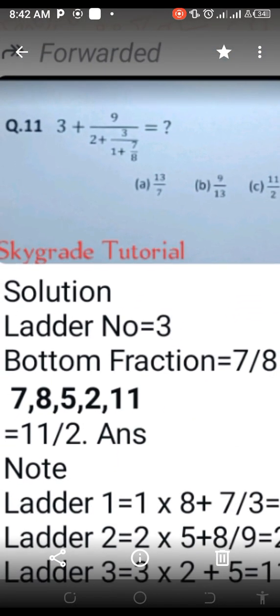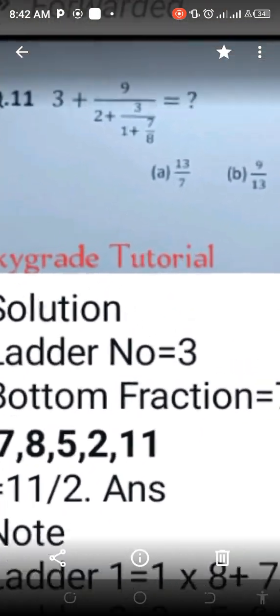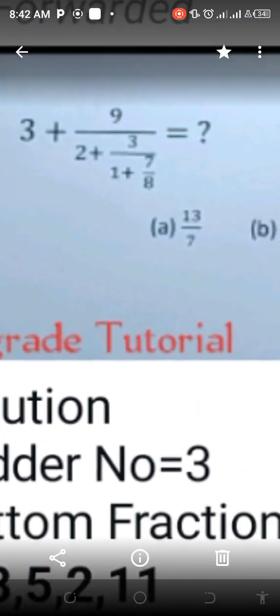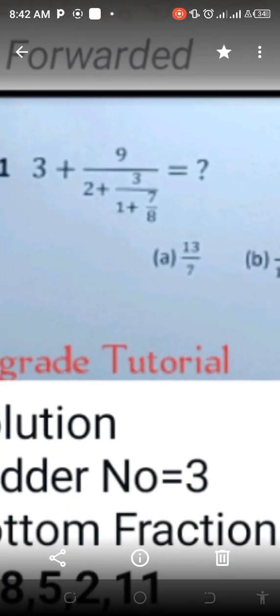We write it down like this: the numerator 7 and the denominator 8. You see there's a difference here. In this question, the whole numbers are not just 1, 1. The bottommost whole number is 1. The second whole number is 2. And the third whole number is 3.